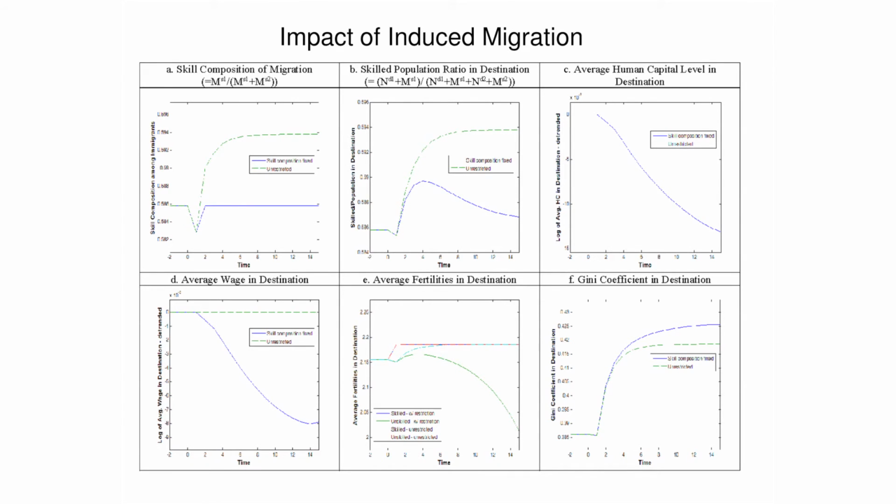The lower ones are with a restriction. Which essentially implies that immigration increases both the skill composition of the flow of migration and the skill population ratio in destination. Average human capital level in the destination country drops relative to what it would be with no restriction. Average wage in destination will also fall.